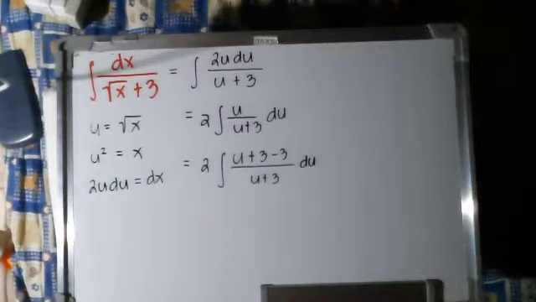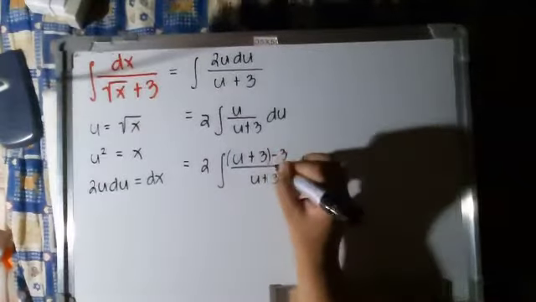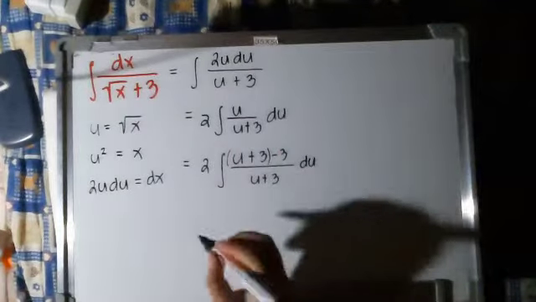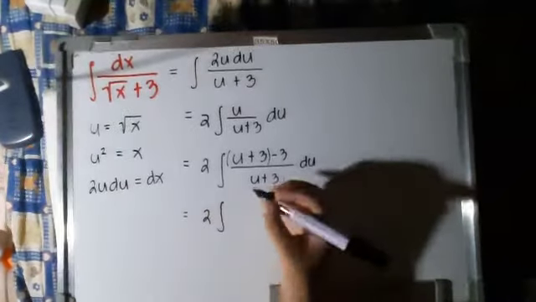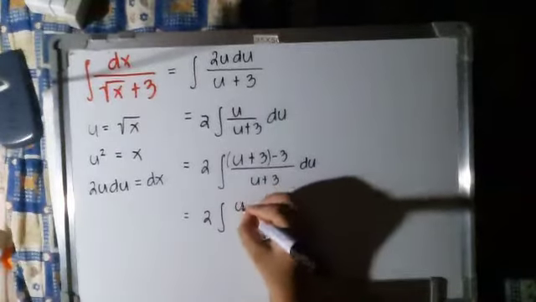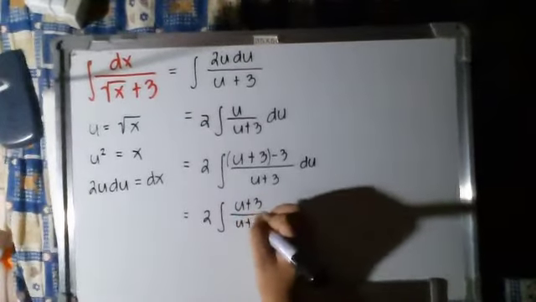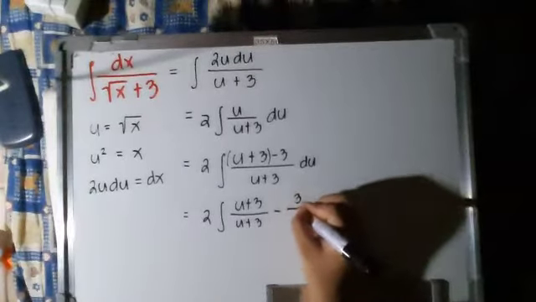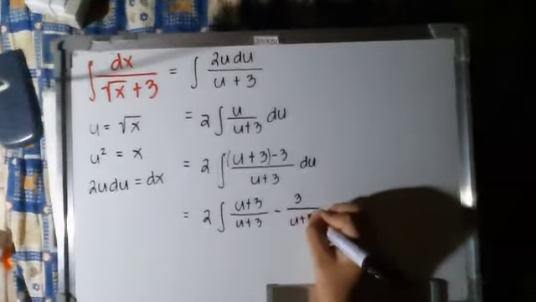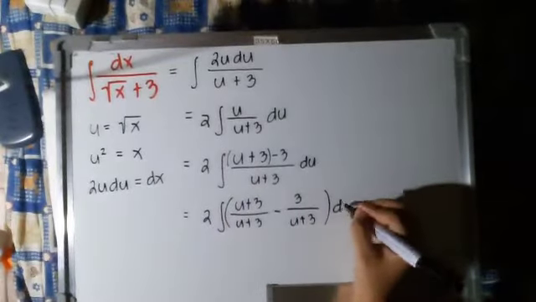So, ang gagawin natin sa next step, ito, nakagroup 'to. Minus 3. So, ang gagawin, extract lang natin ulit. This will be 2 integral of u plus 3, since nakagroup nga siya, over u plus 3. Since negative 'to, so negative 3 over u plus 3. Quantity du. Bakit ko 'to ginawa?